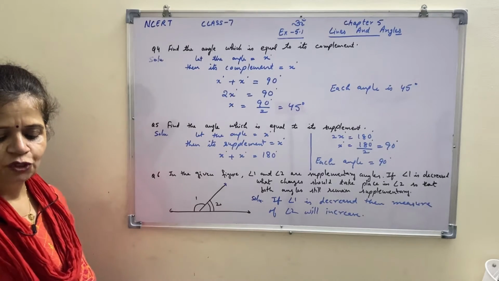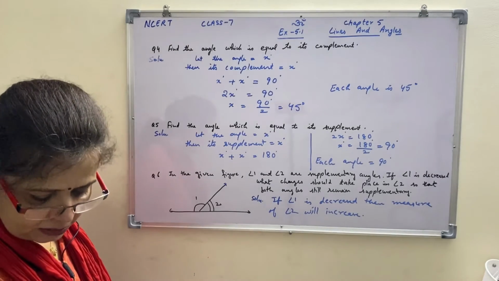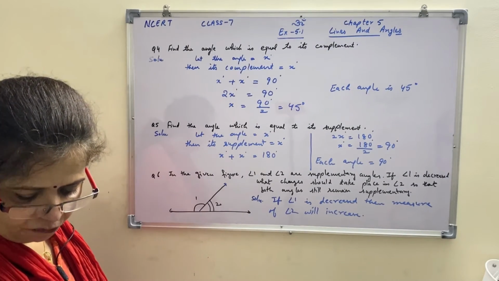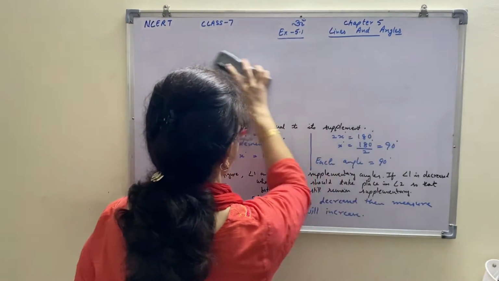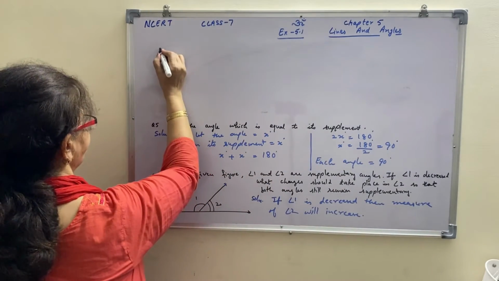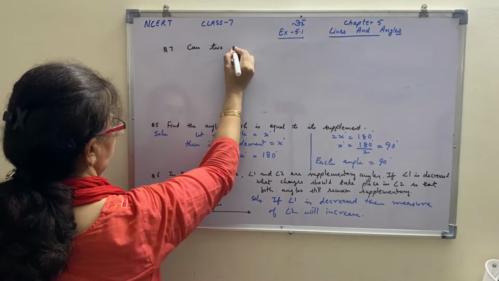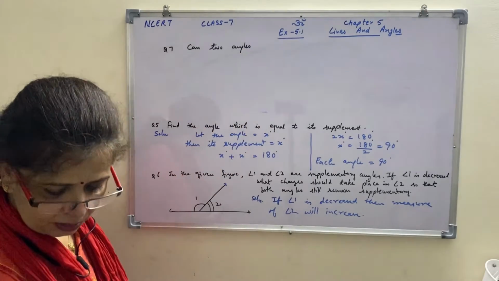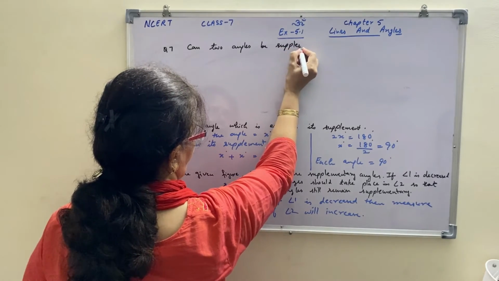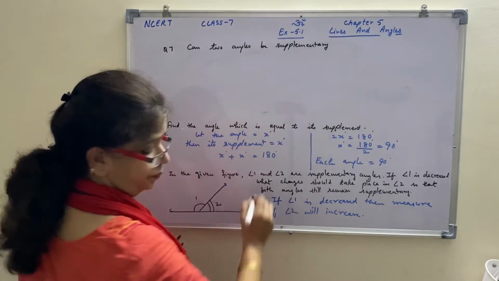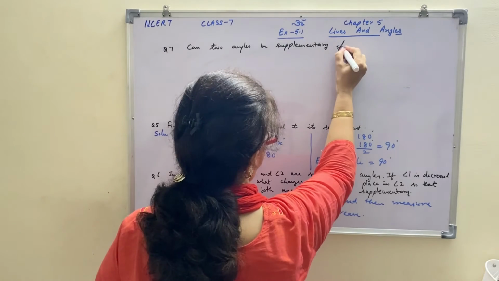Then we have question number 7, and question number 7 is, can two angles be supplementary if both of them are acute?